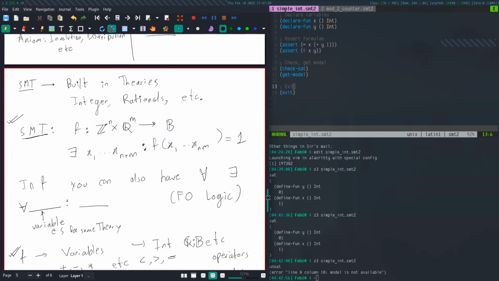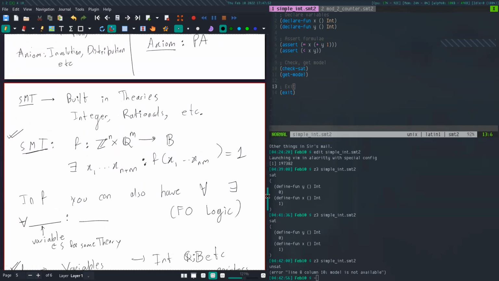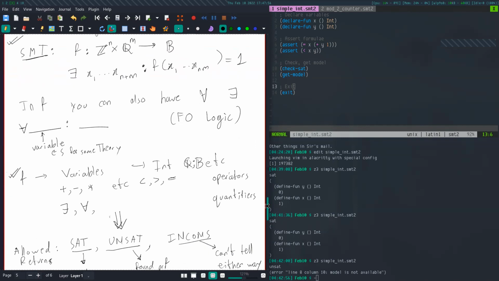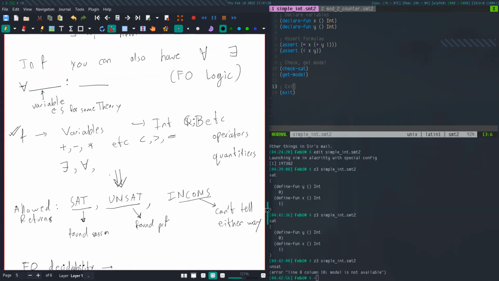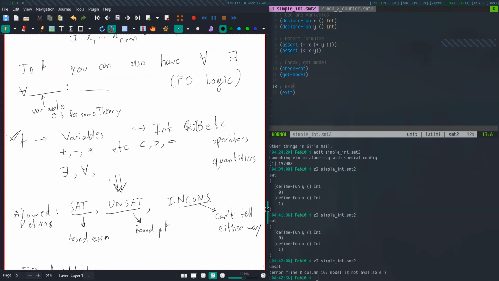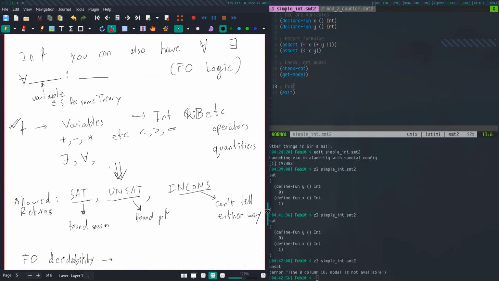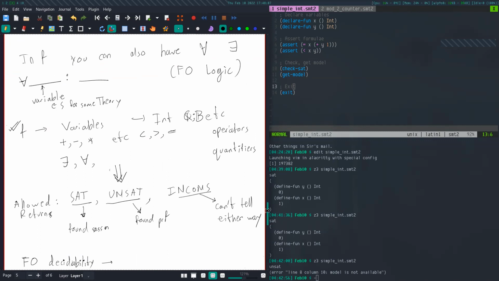Even if you think about just FO formulas over natural numbers, some of them are not SAT, sorry, they're not NP hard. That problem is even undecidable, right? But for some problems, it still might make sense.